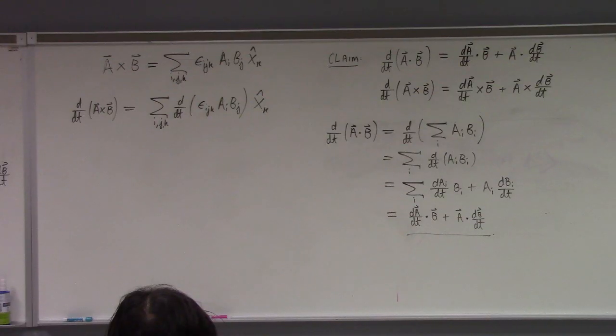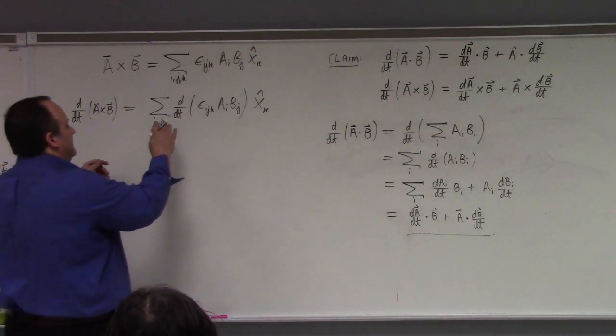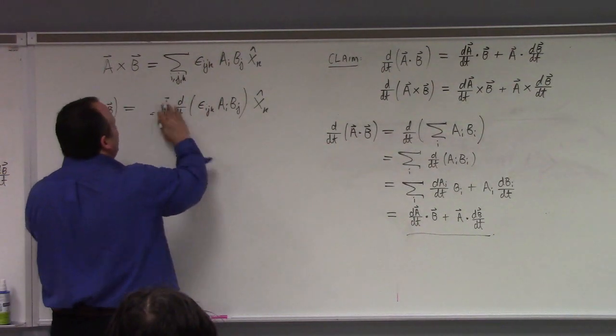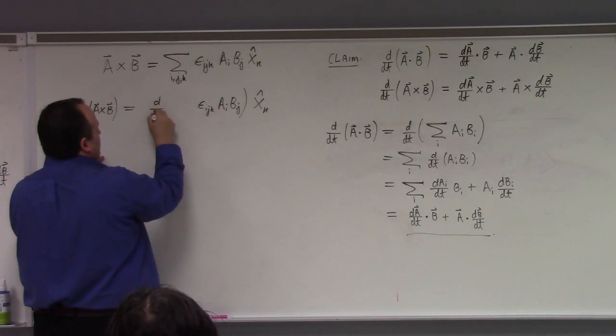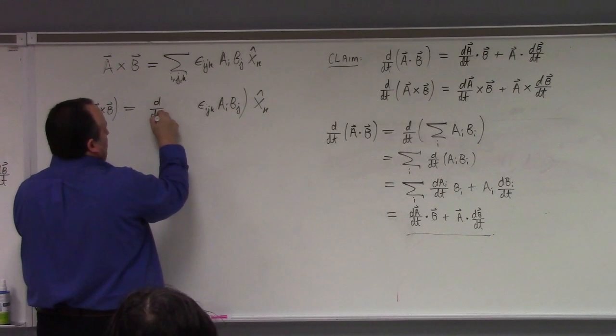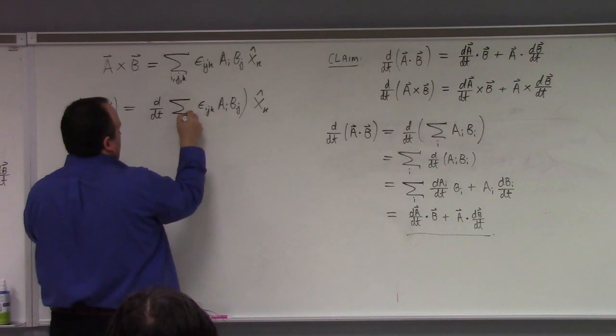I just said the derivative is defined by differentiating component-wise. Well, the kth component of the cross product is like, okay, fine, you got me. I should write this sum inside. Logically speaking, I'm supposed to do d/dt of this thing.